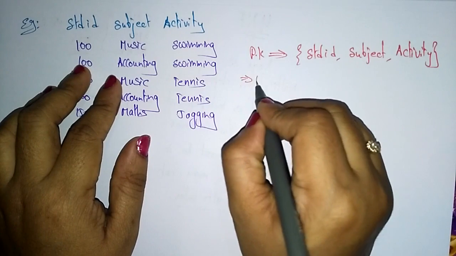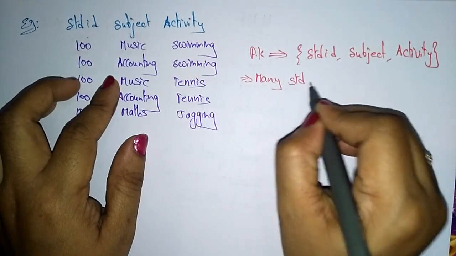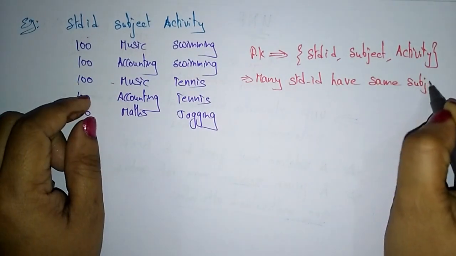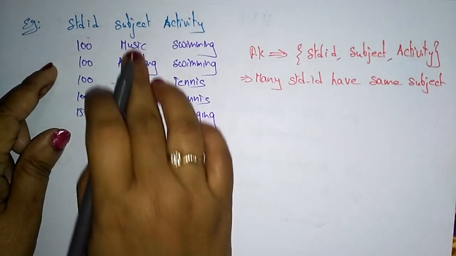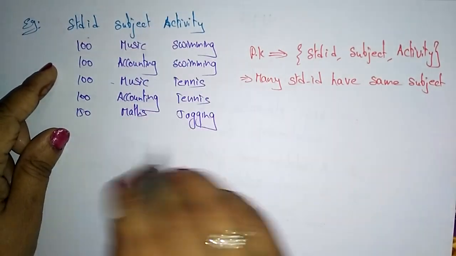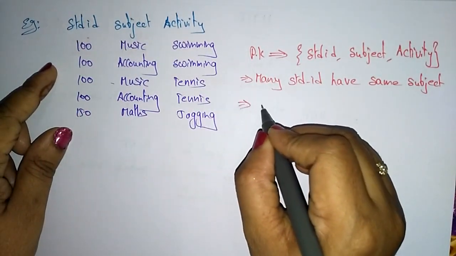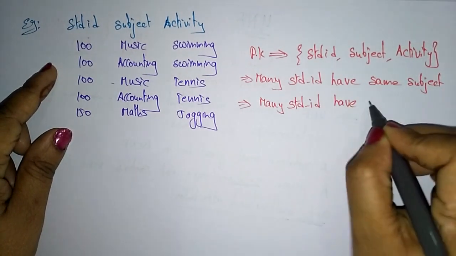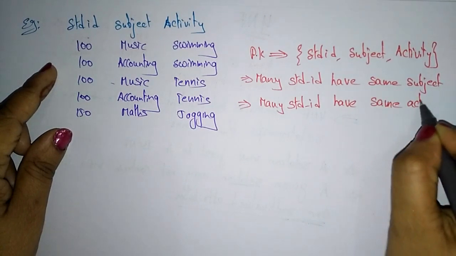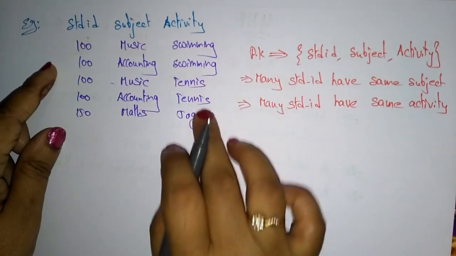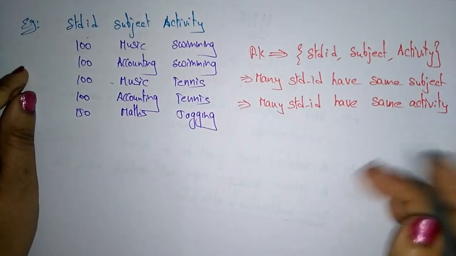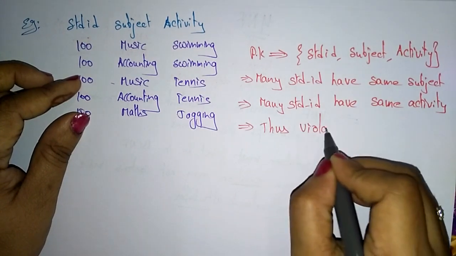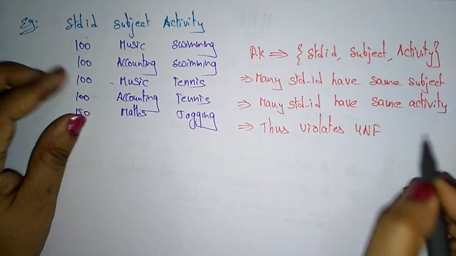Many student IDs have the same subject: accounting is the same, music is the same. And many students have the same activity, like swimming, tennis. So this table violates 4NF. This is not in 4NF.